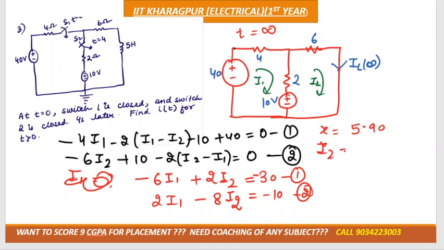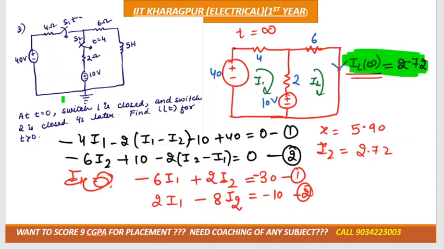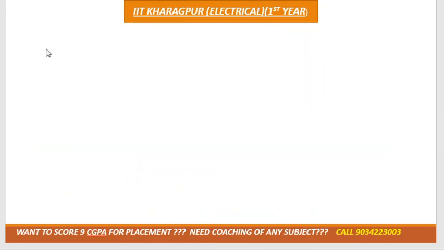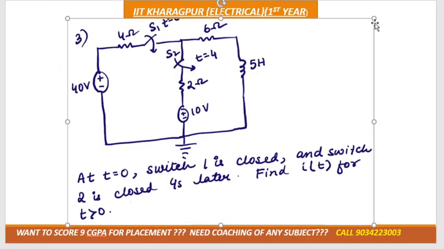And I2 is how much? 2.72. So we need I2. I2 is IL of infinity. We got it as 2.72, right? So I2 is 2.72.